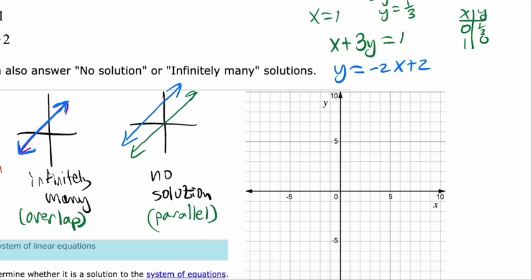So here's where graphing that 1/3, we're going to have to kind of guesstimate. So on our x-axis, we hit at 1. But on our y-axis, we only hit at 1/3. So we're going to have to kind of guess. And then graph your line.